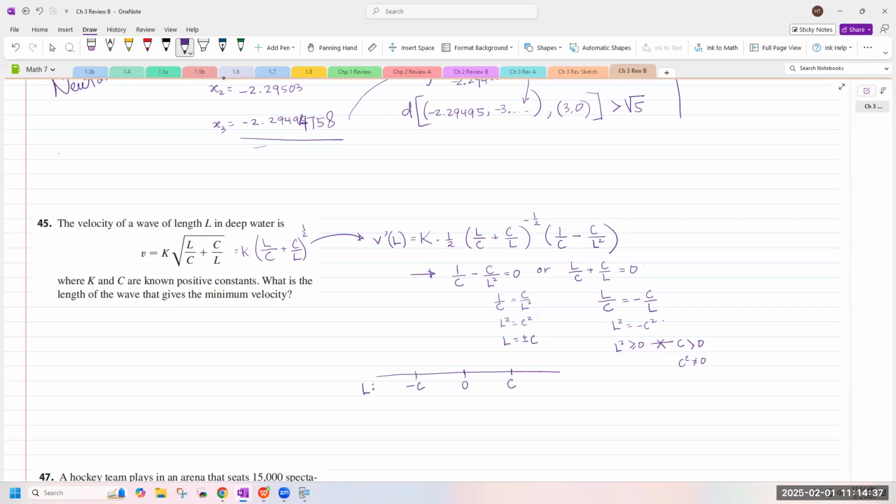Okay, I think we will notice that if L is greater than C, then this becomes smaller. Is it right? Am I right? So if L is greater than C, C over L squared, if L is greater than C, what happened with L squared?